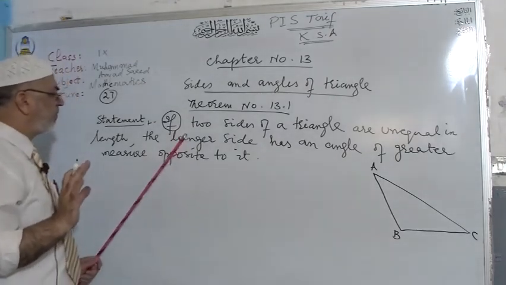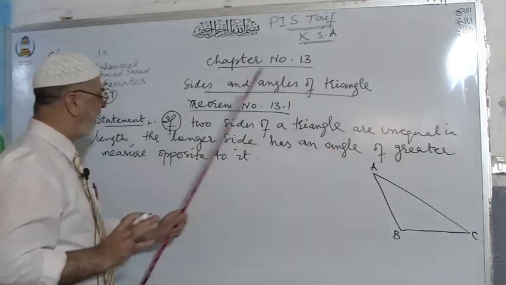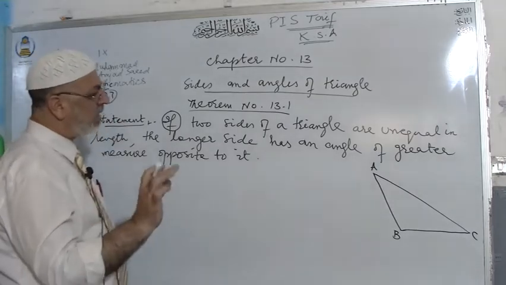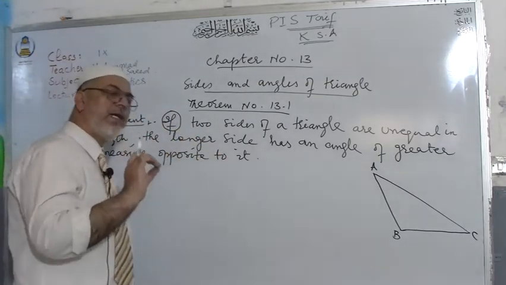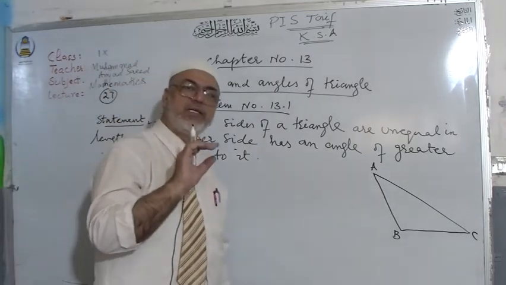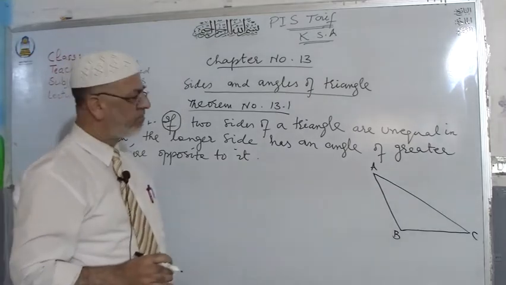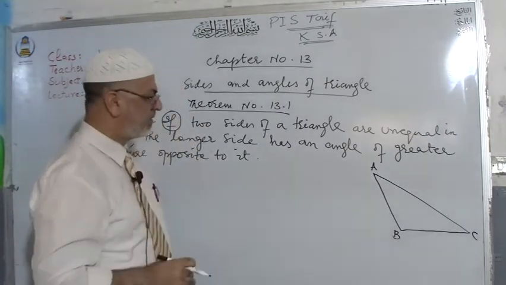What is to prove? The longer side has an angle of greater measure opposite to it. It means that the angle opposite to the longer side is greater and the angle opposite to the shorter side is smaller. Angle opposite to the greater side is greater.